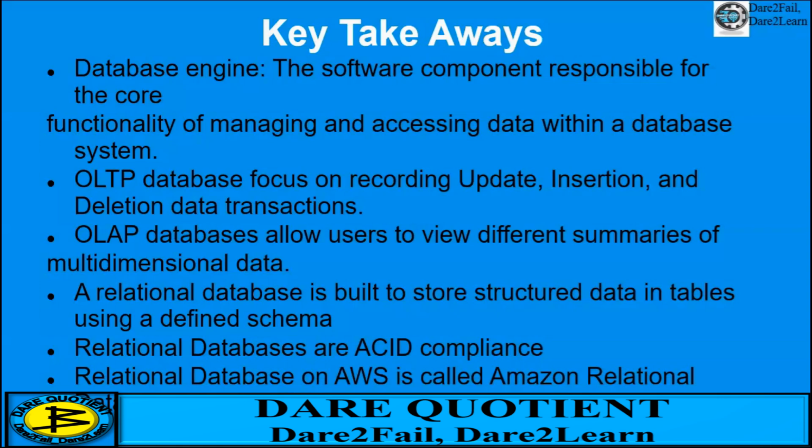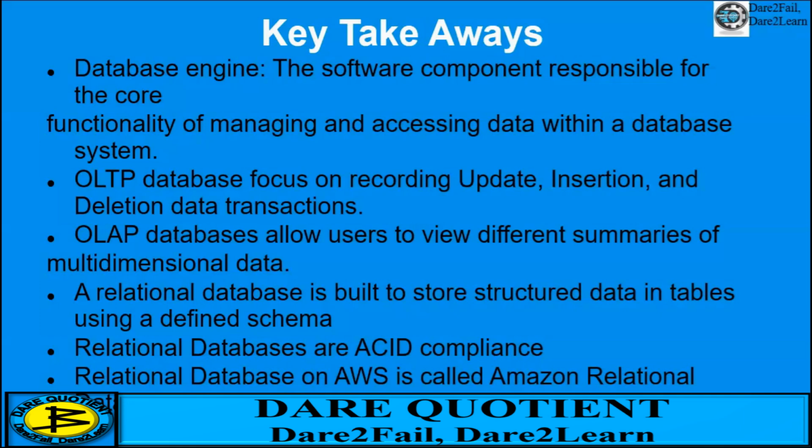In short form, it is referred to as a database. And we saw that we have a database engine, which is a software component that is responsible for managing and accessing the database system. We saw that we have two different types of processes, the OLTP, or the online transactional processing, and the OLAP, the online analytical processing.